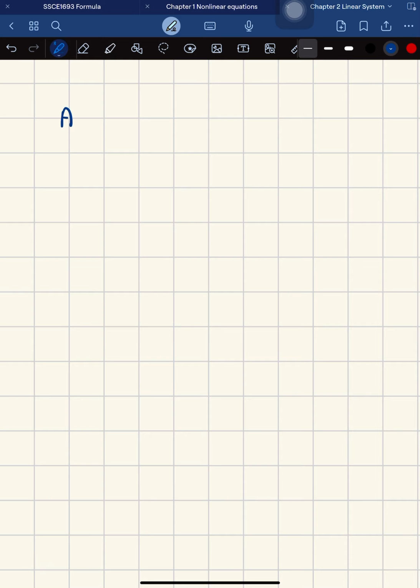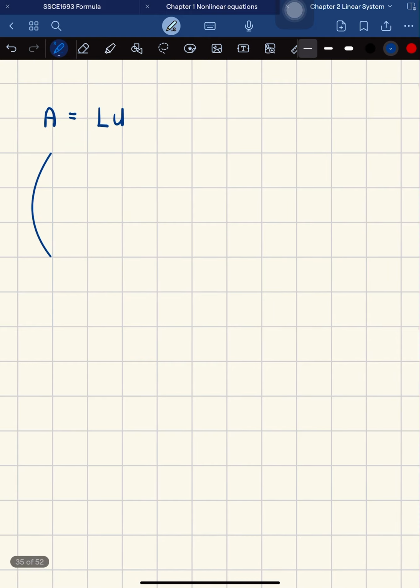So we find our A equal to LU. So matrix A, we have 2, negative 1, 0, negative 1, 0, negative 1.